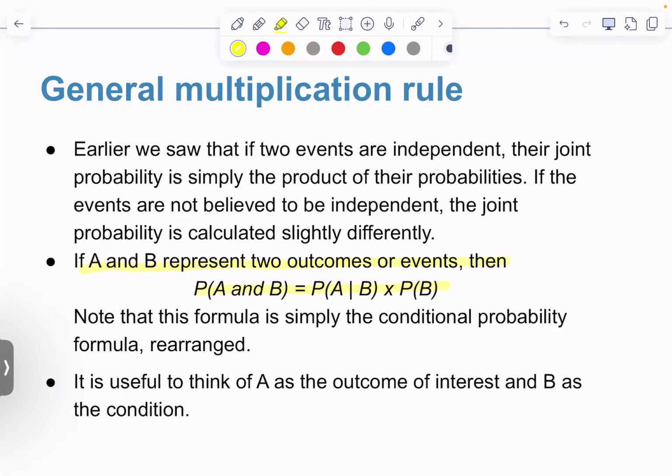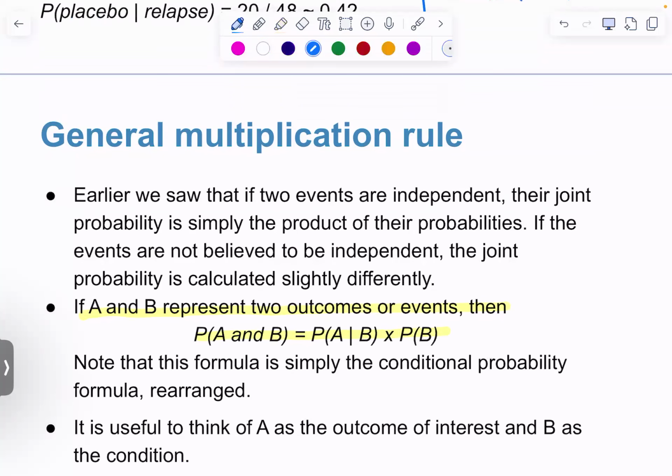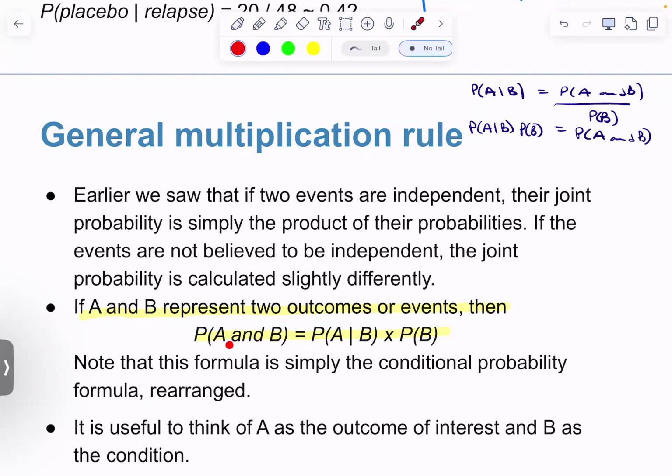And we've seen that the probability of A given B is the probability of A and B divided by the probability of B. So all I've done is multiplied this probability of B over and said the probability of A given B times the probability of B is the probability of A and B. So it's just a special case.